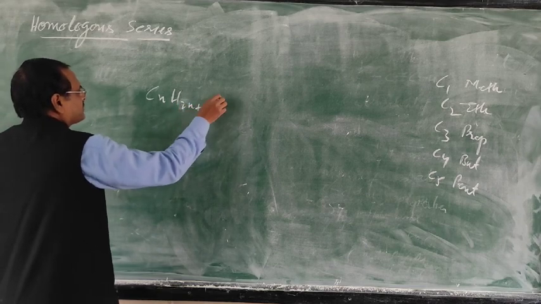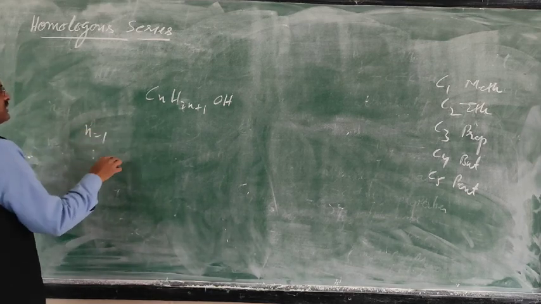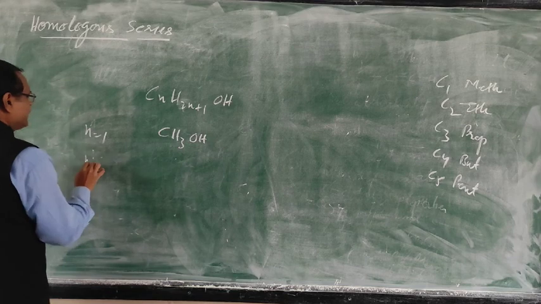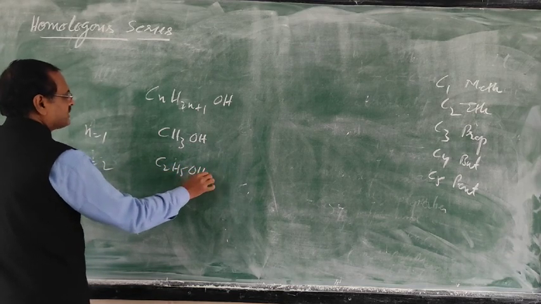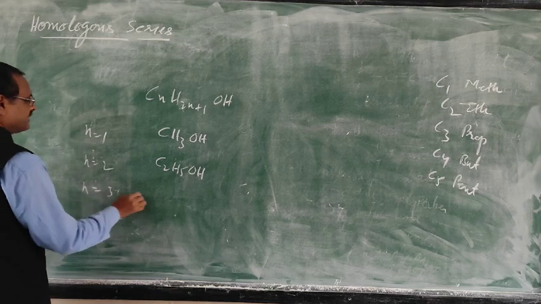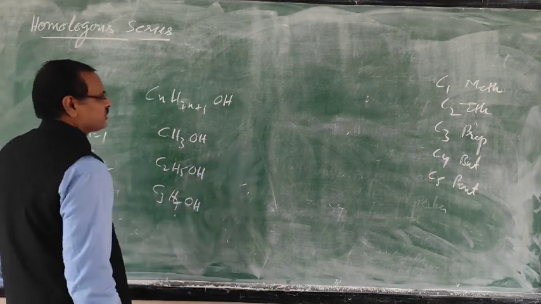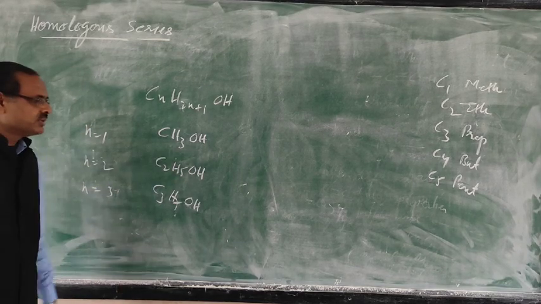Here n is equal to 1, CH3OH, n is equal to 2, C2H5OH, n is equal to 3, C3H7OH. Like this we will calculate the molecular mass. So here the first member is CH3OH.